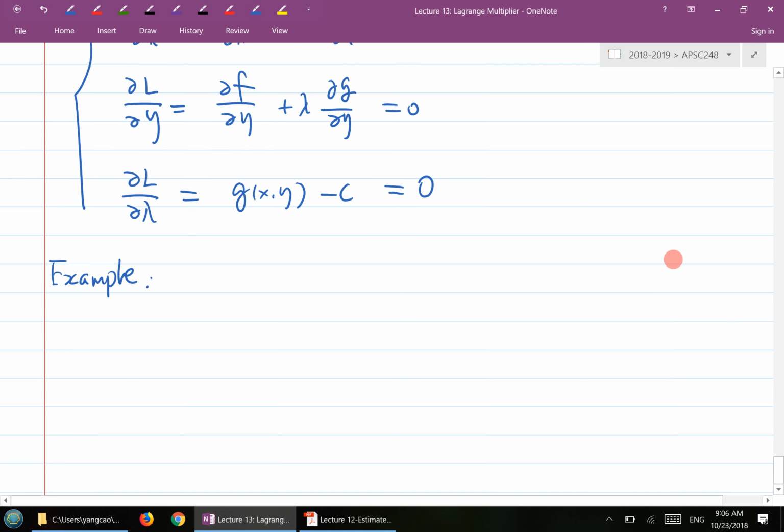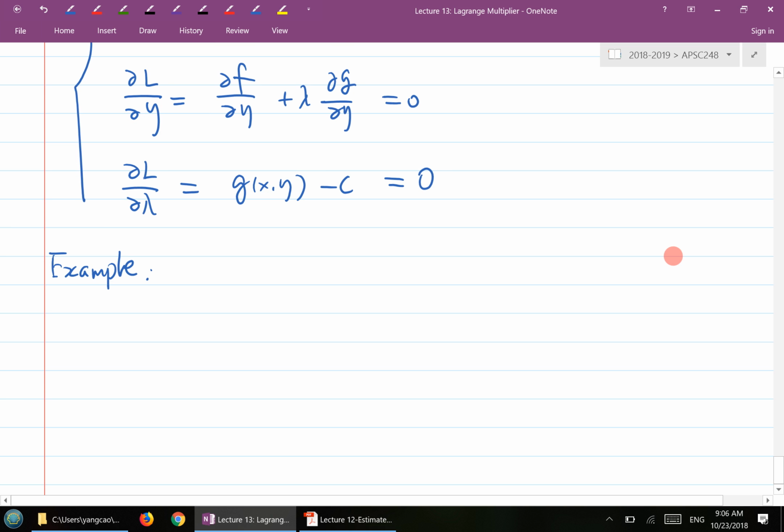Okay, so I'll use two examples here. Actually, let's try this first one. f of xy equal to x squared plus y squared.